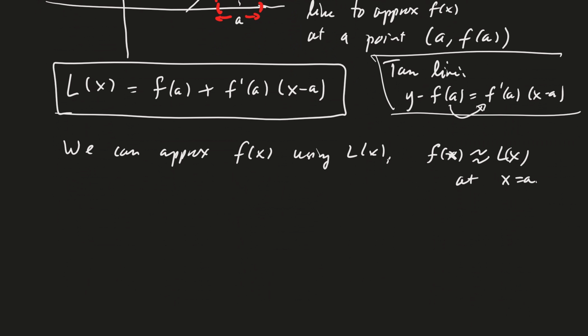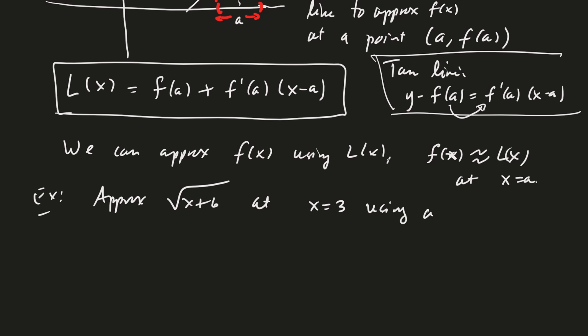Okay, good. All right, so let's do an example. Approximate the square root of x plus 6 at x equals 3, using linearization is what we're going to call it. Linearization.